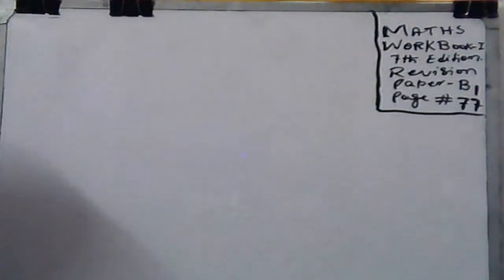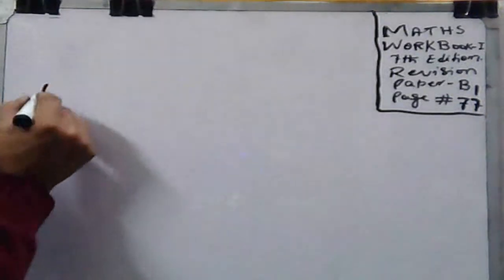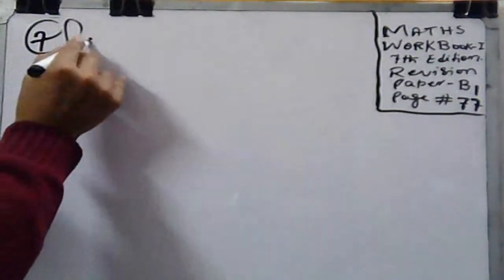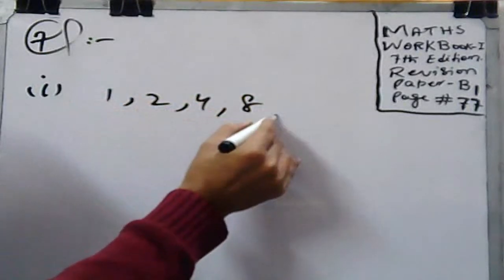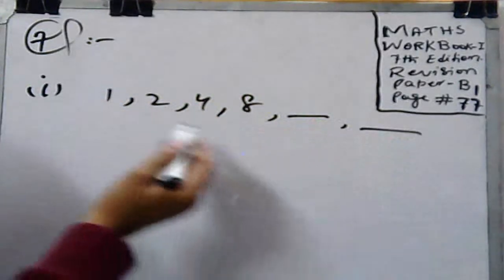In question number 7, study the following number pattern, then write down the next two terms. That is 1, 2, 4, 8, next two terms.